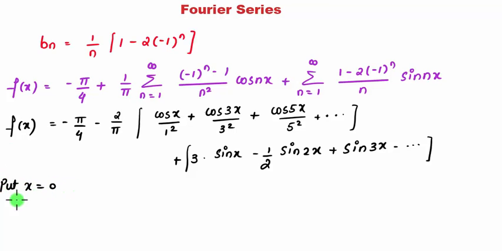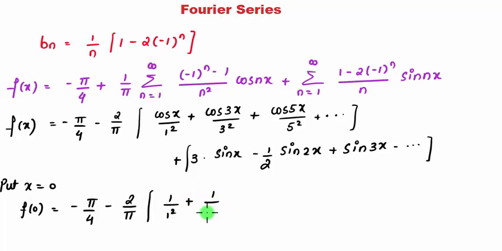I say put x equal to 0, so that comes to be first f of 0, and here it comes to be minus pi by 4 minus 2 by pi. Anyway, sine series will be 0 because sine 0 is 0. So I say 1 upon 1 square plus 1 upon 3 square plus 1 upon 5 square plus dot dot dot. First we need to find f of 0 values.